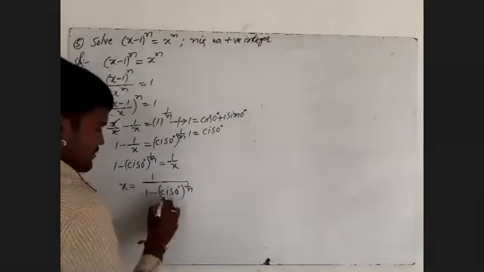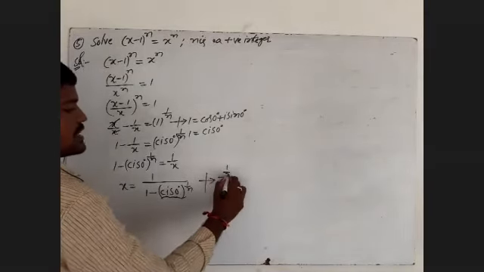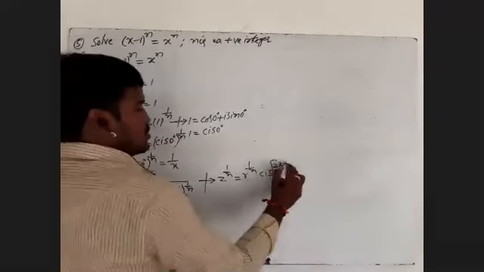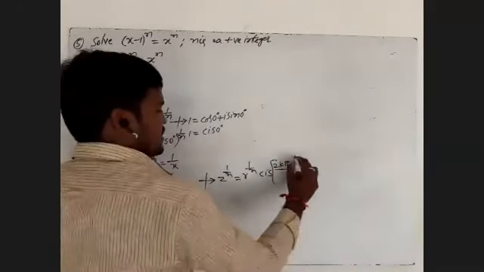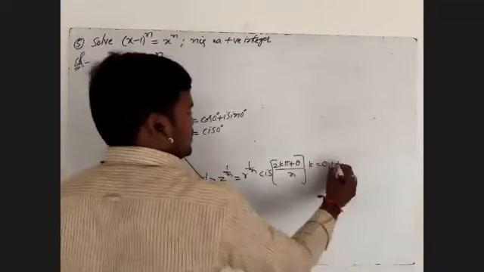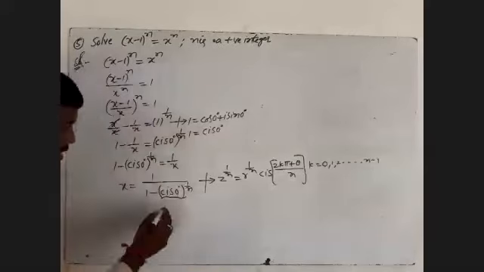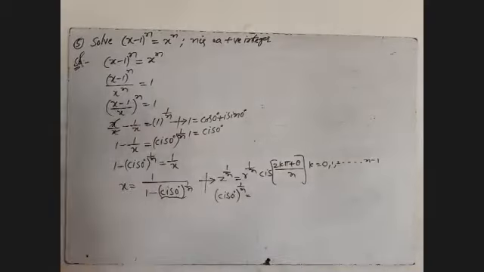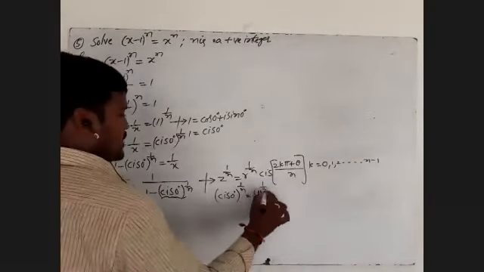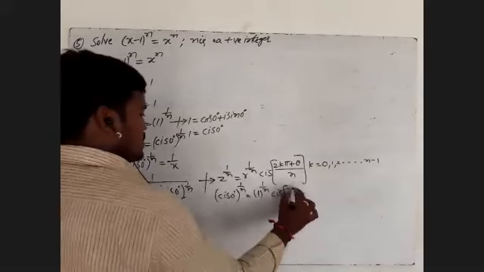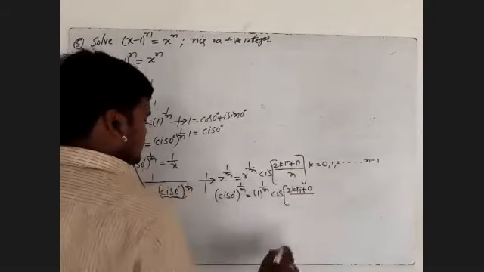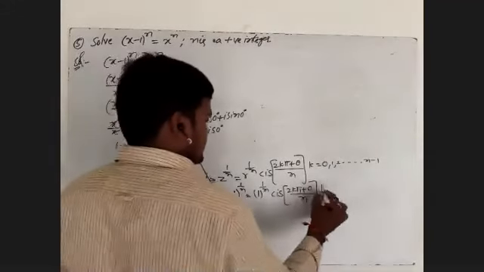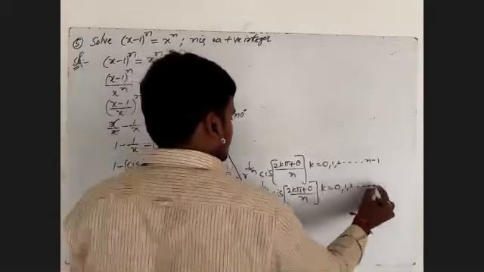First I have to find out this value. We know one formula: z power 1 by n is equal to r power 1 by n into cis of (2k pi plus theta) by n, where k is nothing but 0, 1, 2 and so on up to n minus 1. Expanding this one, I will write (cis of 0 degrees) whole power 1 by n, which is nothing but 1 power 1 by n into cis of (2k pi plus 0) by n, where k is equal to 0, 1, 2 and so on up to n minus 1.